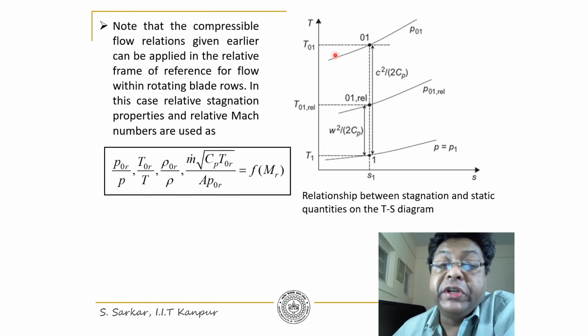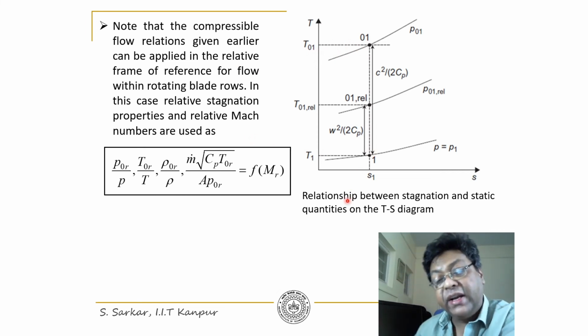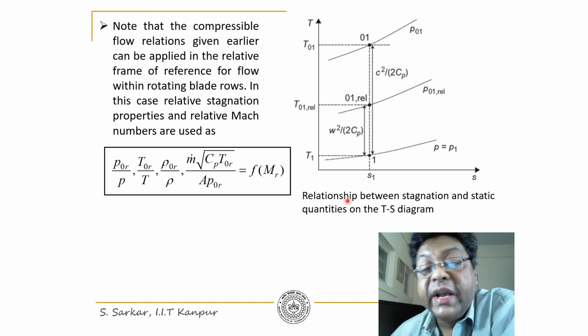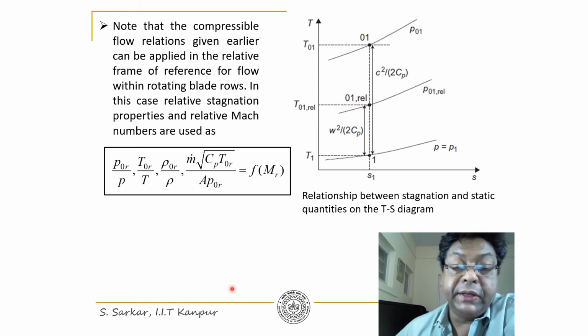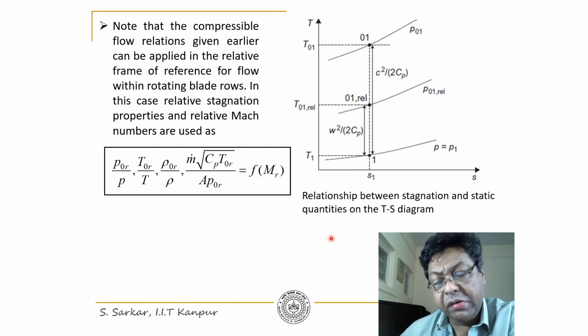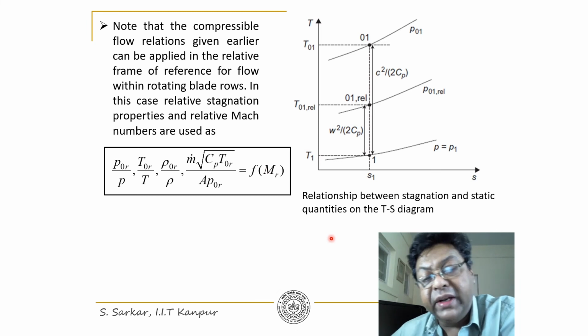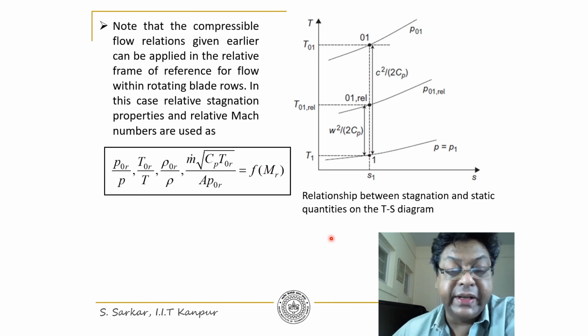Similarly, the difference between total condition and static condition in the stationary frame of reference can be related with C squared by twice Cp. This is a very good representation showing how the stagnation and total quantities can be related in a TS diagram.